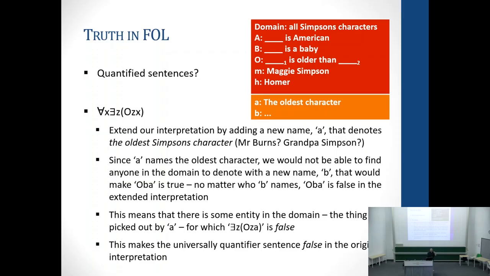If there's even one that doesn't satisfy the sentence, the universal is false. So this is the basic process. I'm going to mention the slightly more complicated explicit formulation here, but if you understand what I just went through, you'll be able to assess these sentences.